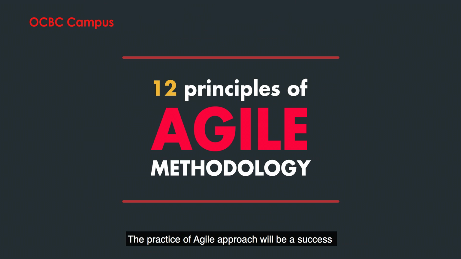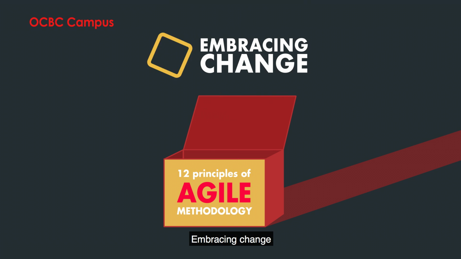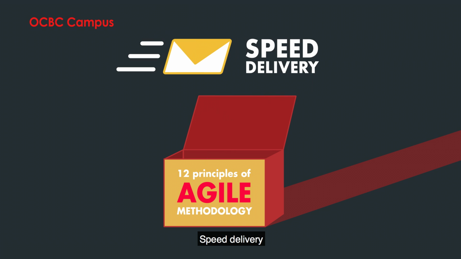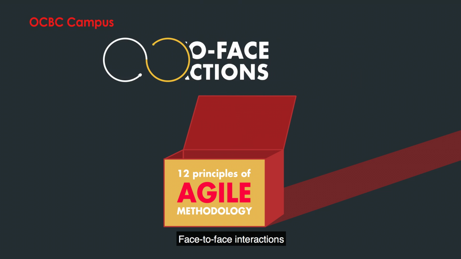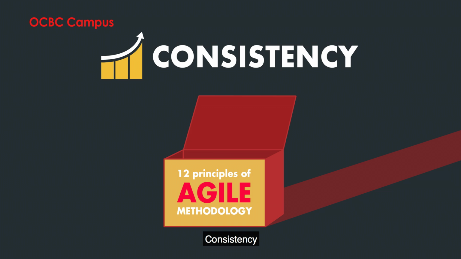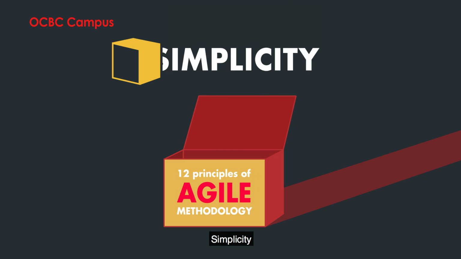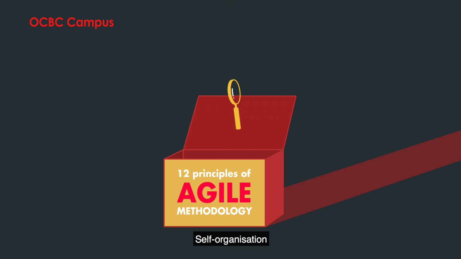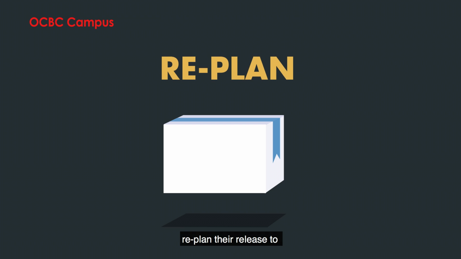The practice of Agile approach will be a success if the team embraces the 12 principles, namely customer satisfaction, embracing change, speed delivery, collaboration, empowerment, face-to-face interactions, good metrics, consistency, operational excellence, simplicity, self-organization, continuous improvements.